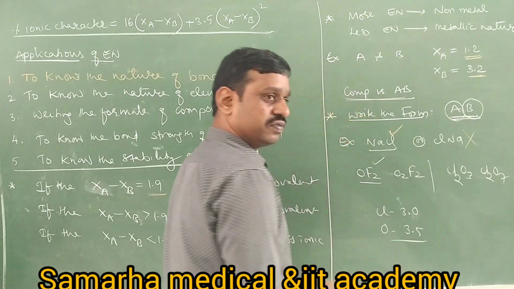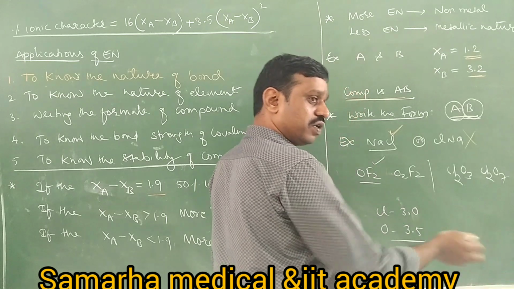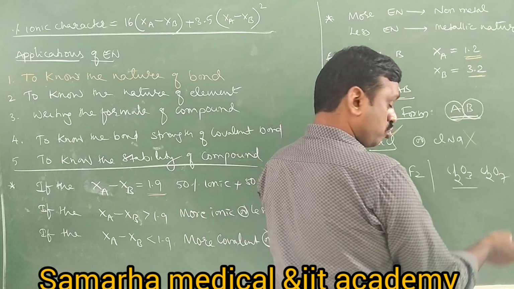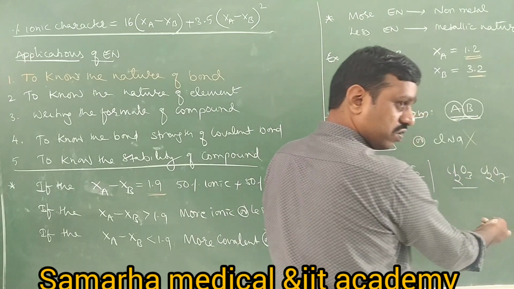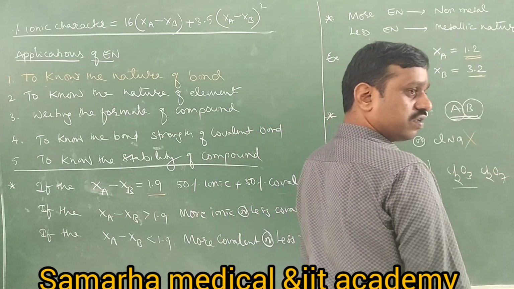Students ask about the number of molecules, but let it be; the way of writing the formula is this: the less electronegative element should be written first, then the more. Cl has 3, oxygen has 3.5, so 3.5 comes later.